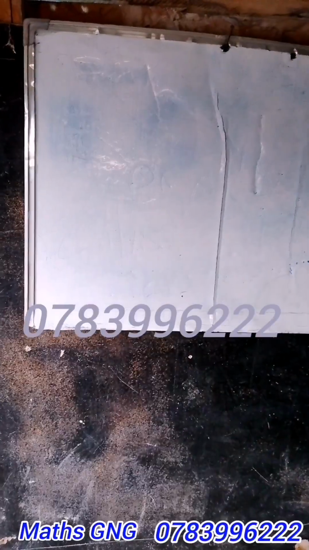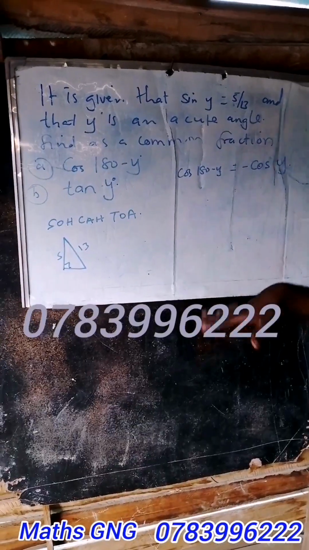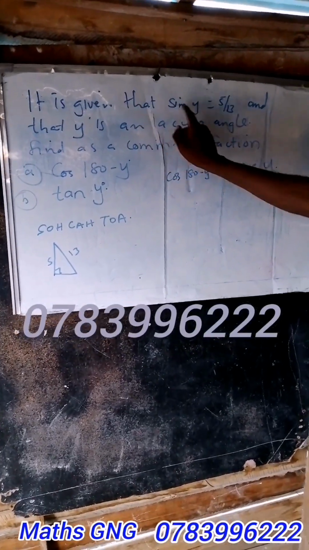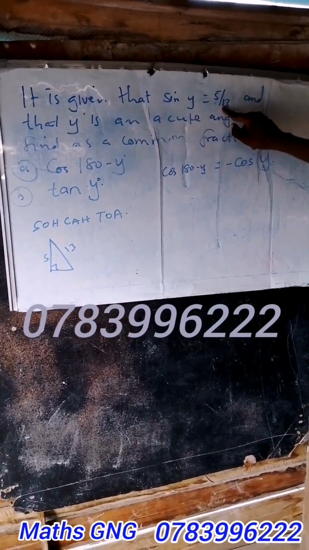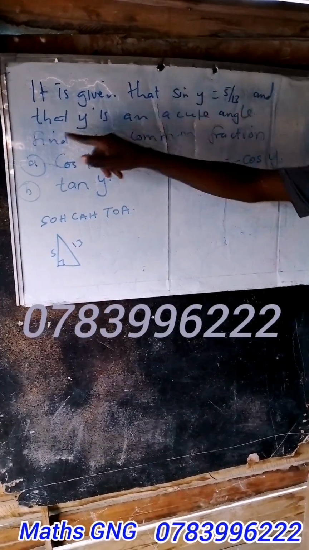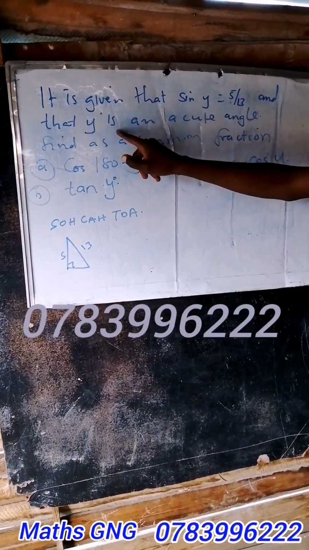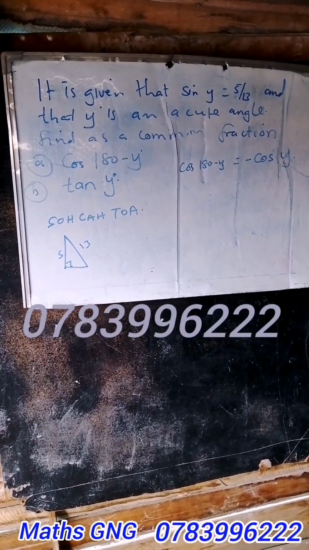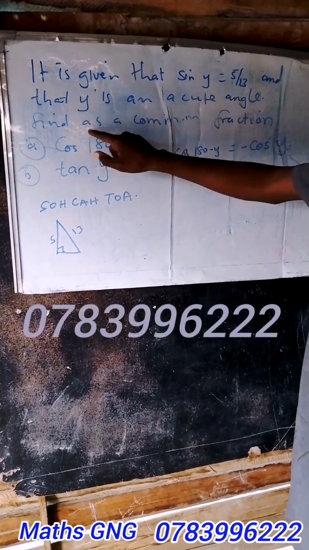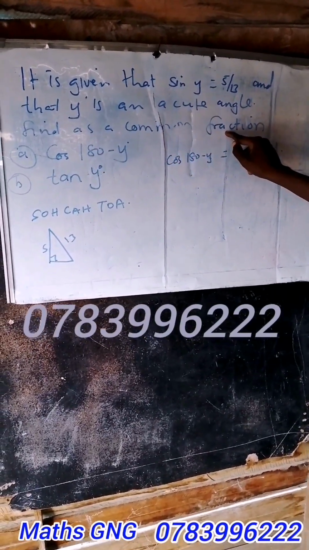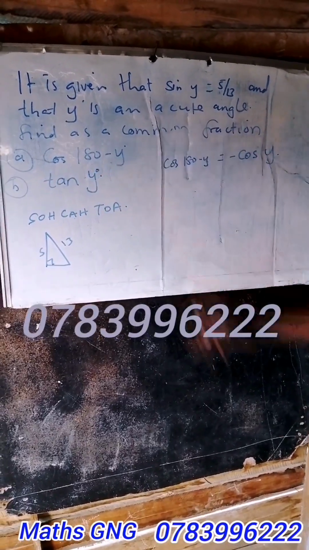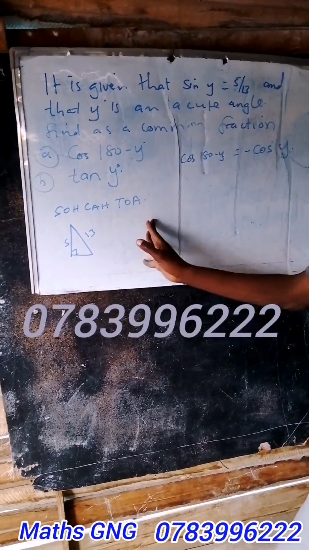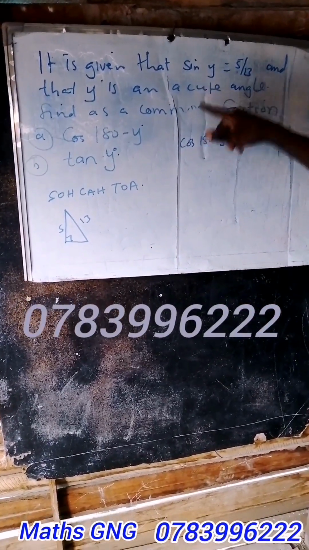Try to pause our video and look at this question. It is given that sine y is equal to 5/13 and that y is an acute angle. Find as a common fraction a) cos of 180 minus y, b) tan y.